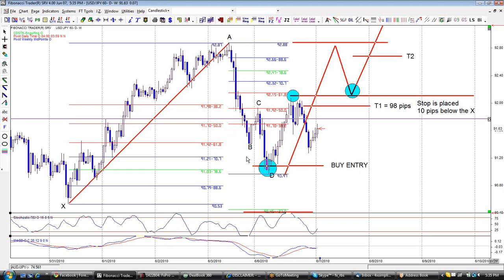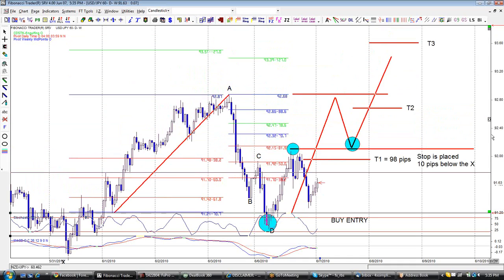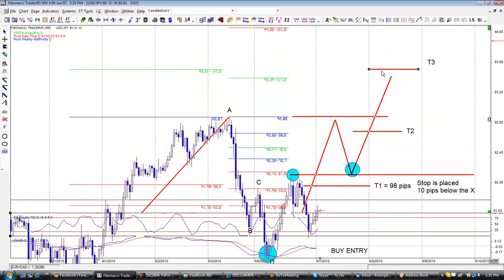Now, if the AD gave us convergence here at the 786, I would go to place my third target below the 127 level, the 127 extension. Now the 127 is at 93.50, so I'll place my third target at 93.39, 93.40.